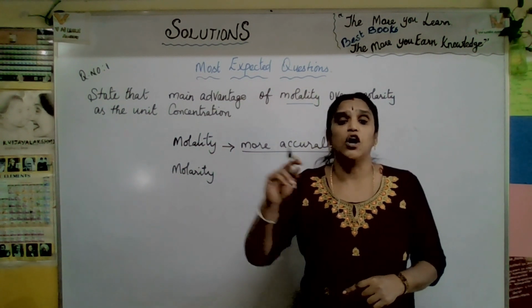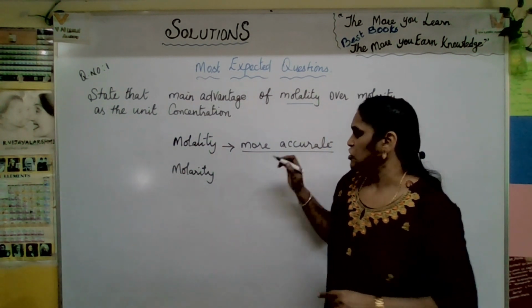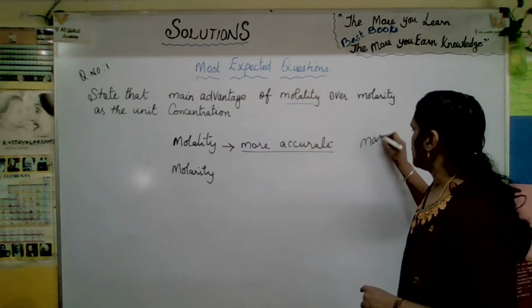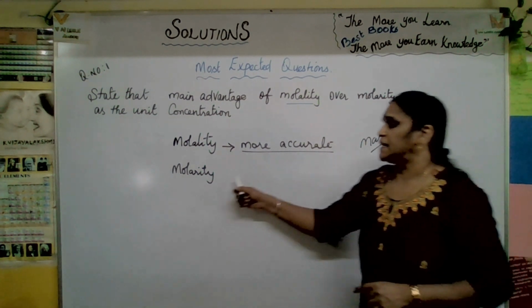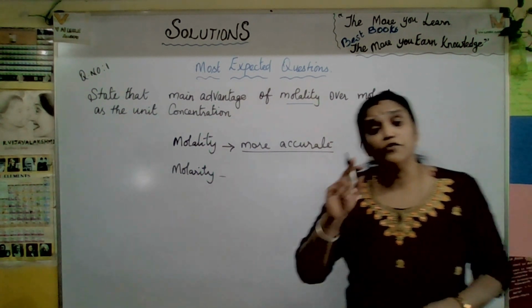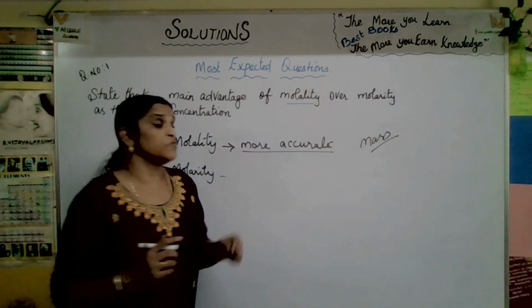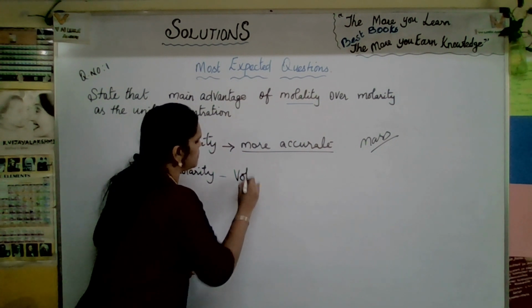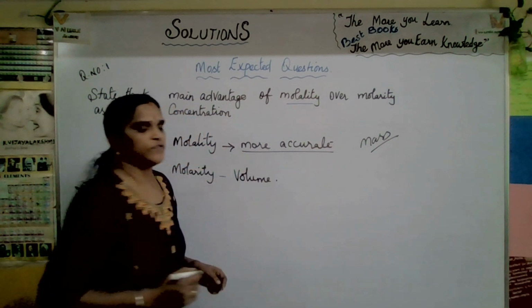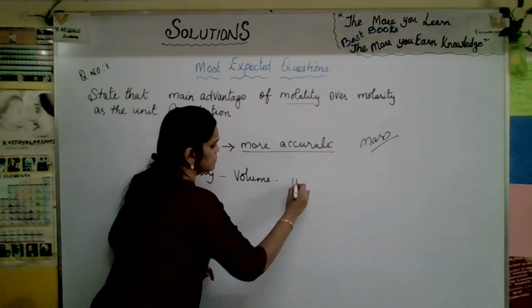The mass of the solvent is 1 kg, so they are talking about mass. But molarity means the number of moles of solute dissolved in the volume of the solution in 1 liter.